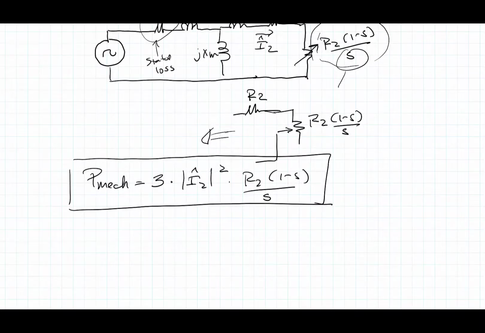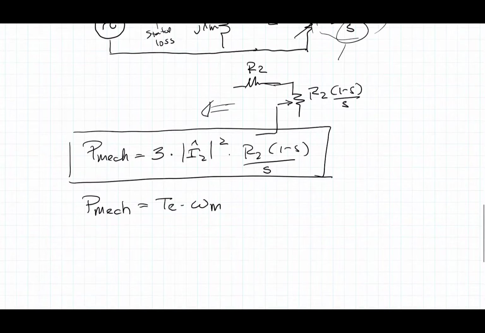Now, how do you get torque? Well, in the mechanical world, they don't use volts times amps to find power. They use torque times speed, where that's the mechanical speed.